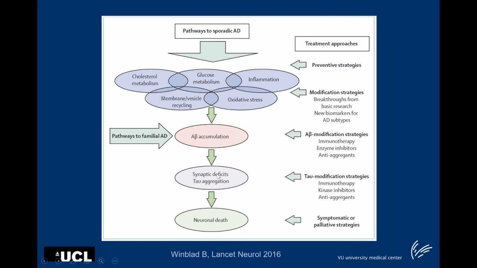But obviously amyloid has to then do something to the synapses or induce tau aggregation and then induce neuronal death, which could all be disconnected pathways, because there are various other risk factors, including the cardiovascular ones, that may stimulate the amyloid pathology, but they also may independently act on tau aggregation or even cause neuronal death. And that is why these therapies may, in the long run, not be the only solution to stop this pathway.